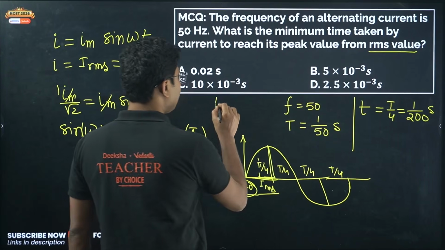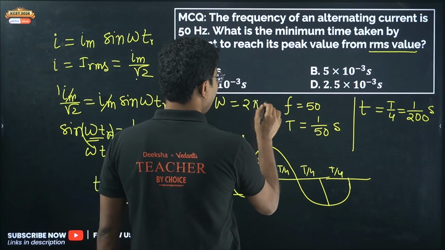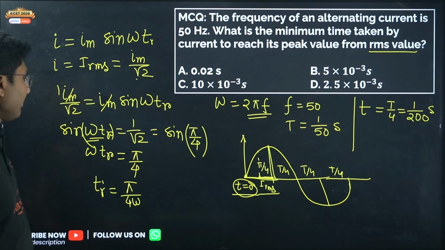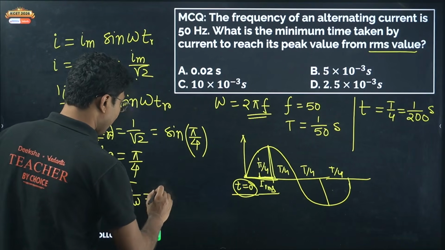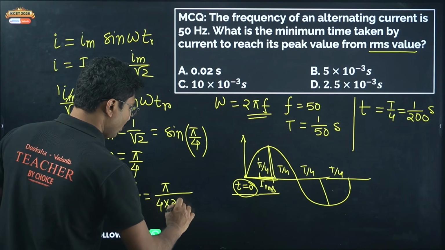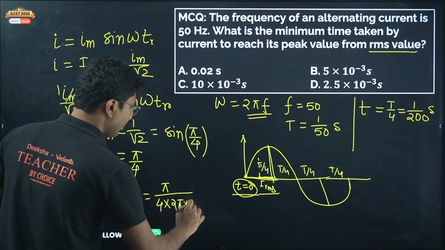Now what is omega? Omega is given by 2 pi f, and the frequency is given here as 50. So we put that value: pi divided by 4 into 2 pi into f.